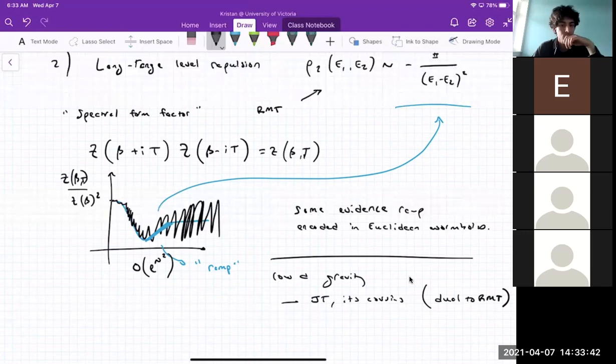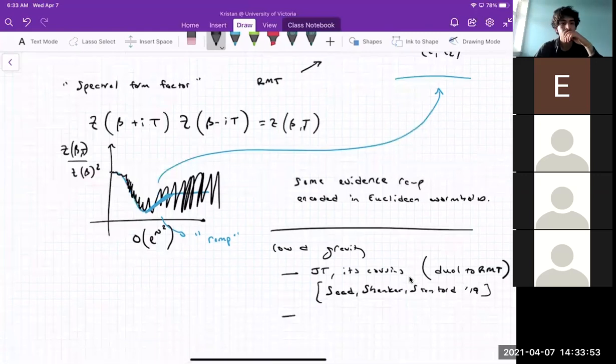That's been understood extensively by many people, including Saad, Shenker, and Stanford in 2019. And more recently, there's a computation that Jordan and I did last year in AdS3, where the status of AdS3 gravity is not clear at this time, whether it's a consistent theory of gravity or not, or if it's dual to something or not.